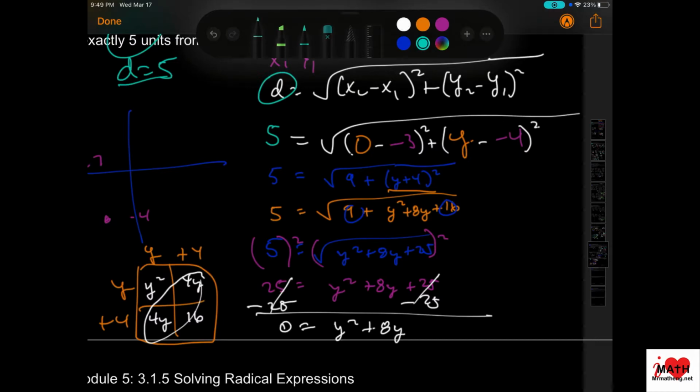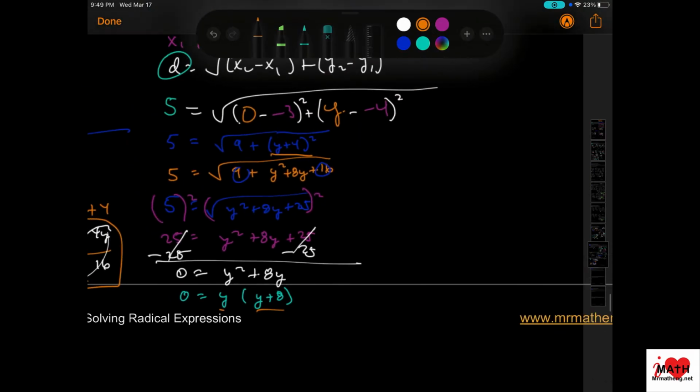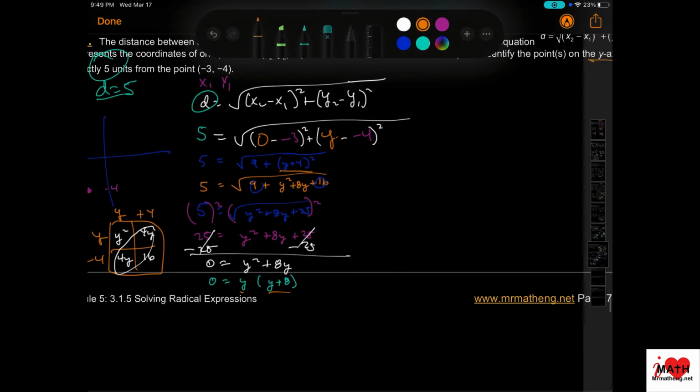This problem's super nice because we can solve it by factoring, take out GCF. And then I'm going to set each of these equal to 0. Do it over here, have some space. So I have y equals 0 and y plus 8 equals 0. So that's a solution, and y equals -8 is a solution.